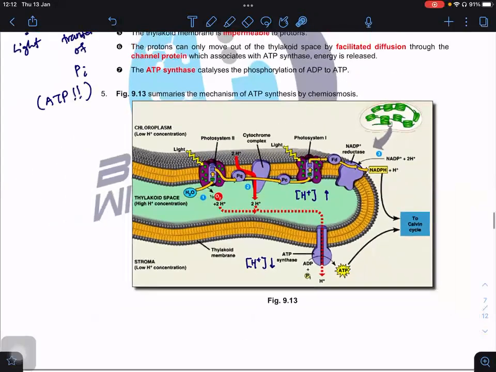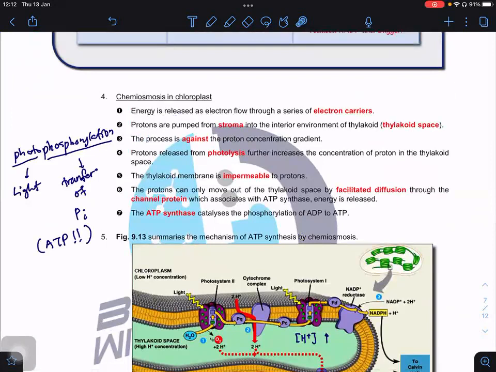Clear? A quick summary. Energy is released as electrons flow through a series of electron carriers. Protons are pumped from the stroma into the thylakoid space, against the concentration gradient. Protons released from photolysis further increase the concentration. The thylakoid membrane is impermeable to protons, so protons can only move out of the thylakoid space back to the stroma by facilitated diffusion through the channel protein associated with ATP synthase, and at the same time energy is released.